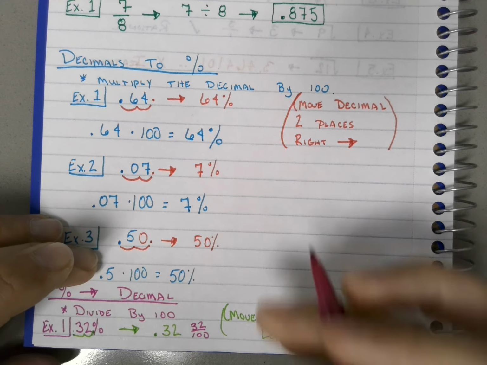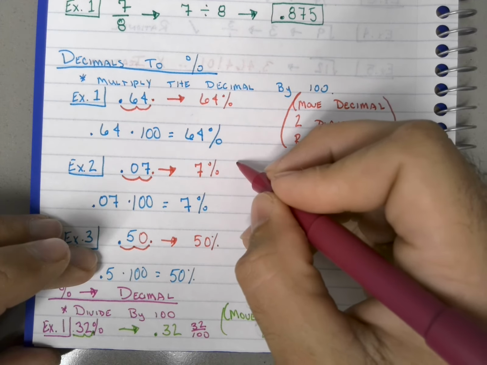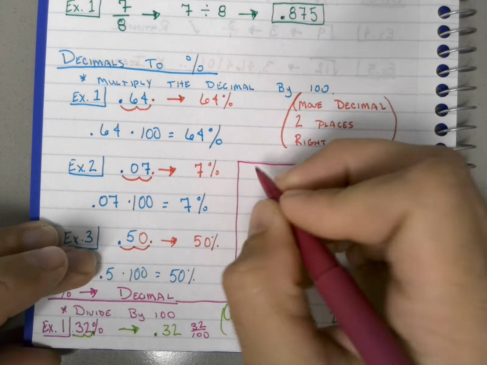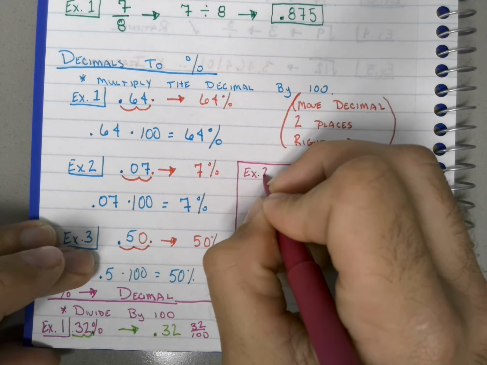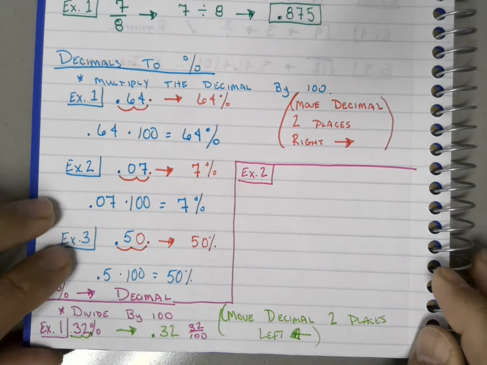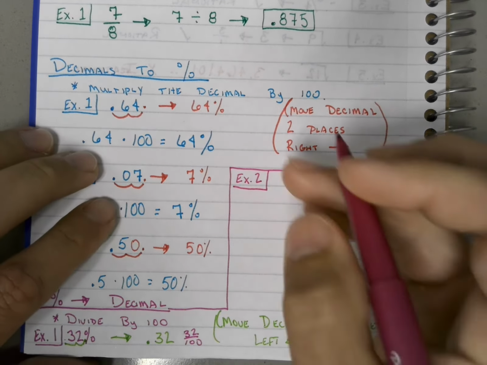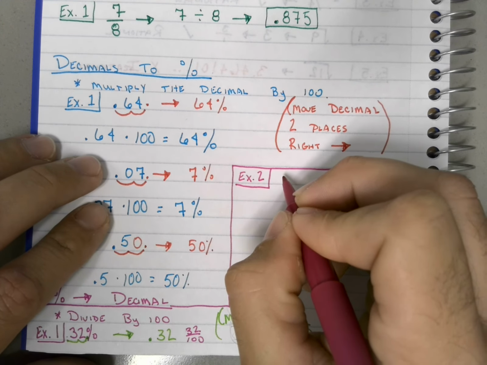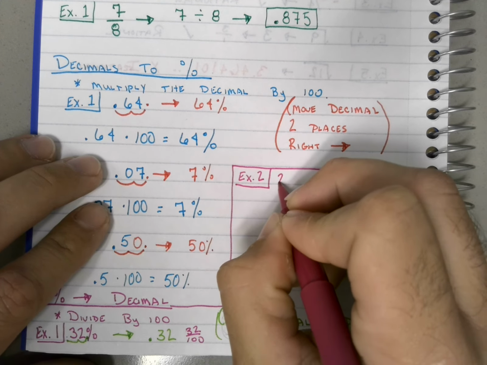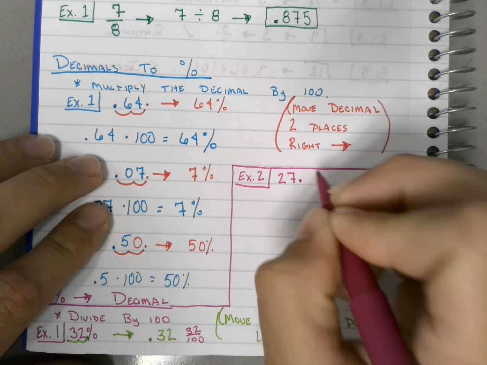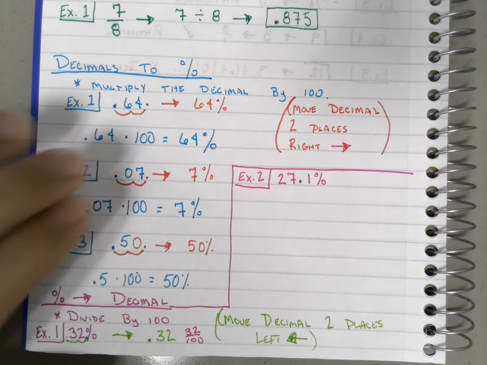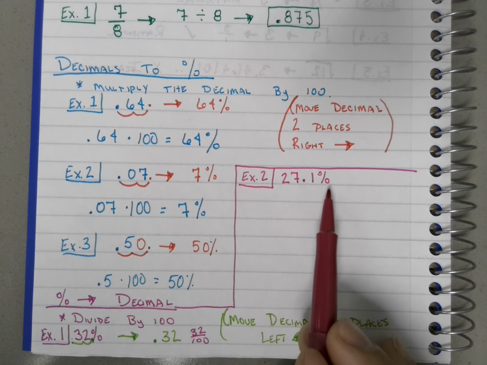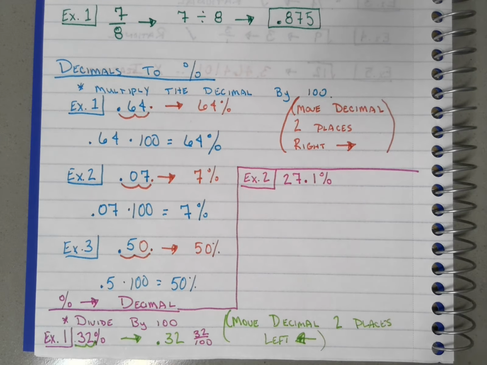Okay, we're going to move our examples up here. So we're kind of running out of room. So let's make this a little section here. We'll have example 2. Okay. Let's look at a percent that has a decimal already included in it. So let's say we have 27.1%, and we're going to convert that to a decimal. Now some of you say, well, Mr. Reed, it's already a decimal. It is, but it has a percent sign after it, which means it is a percent.